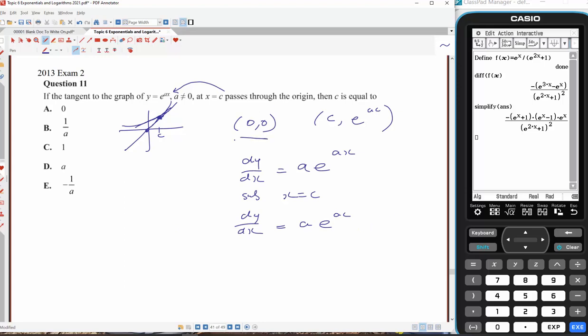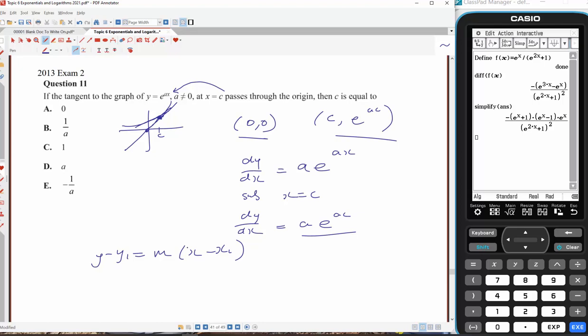Okay, so what we've got is coordinate 1, coordinate 2, and gradient at the point. This then means we're going to use this formula: y take y1 equals m, x take x1, the gradient or the equation of the tangent.